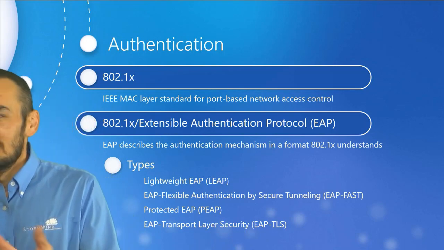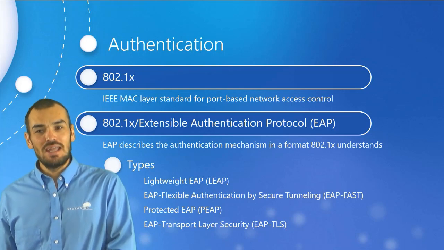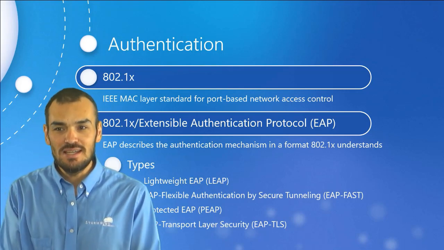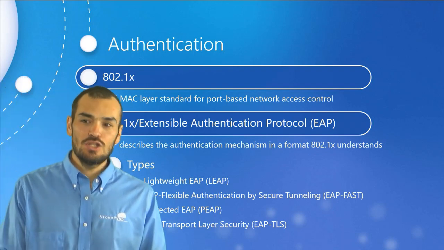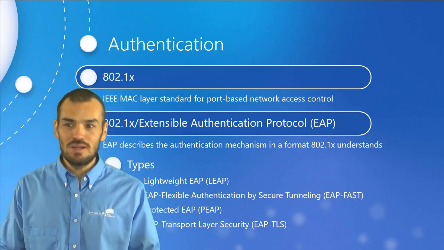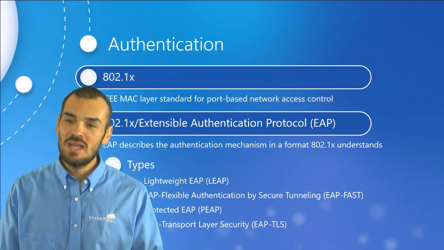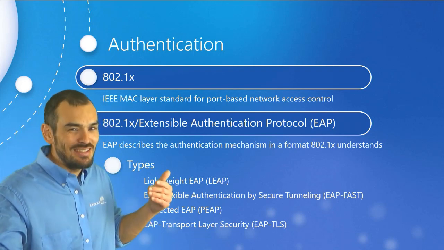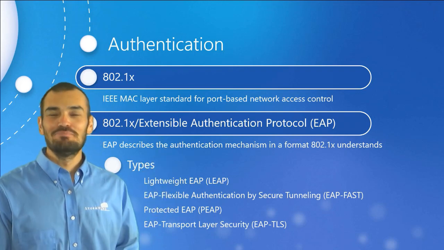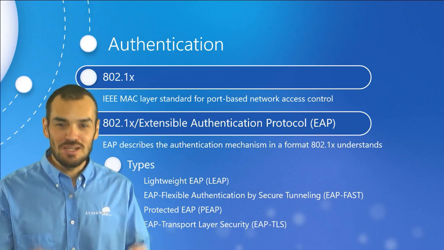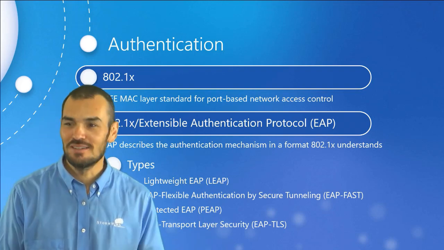So to extend 802.1x down to the wireless LANs via EAP, we're going to get mutual authentication for clients and the access points. We're going to get centralized management, and we're going to get policy control. So it is an extension of 802.1x, but really all it is, is the interpretation of the same information. So it's the same thing, just in a different format. That's what I'm trying to say here.